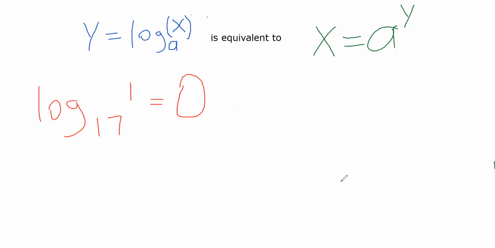And that's equivalent to saying 17 to the 0th power equals 1. That's exactly right, because raising to the 0th power always produces a 1, as long as you don't raise 0 itself to the 0th power. That's the only exception.